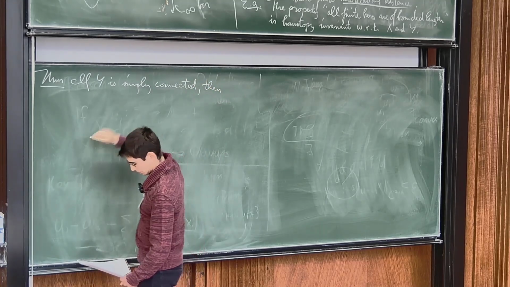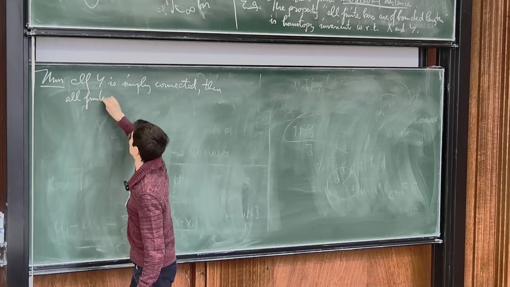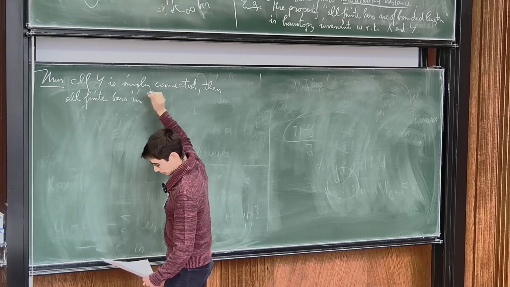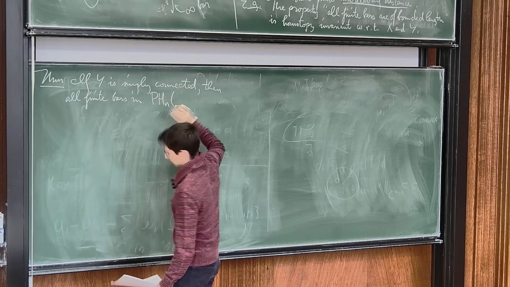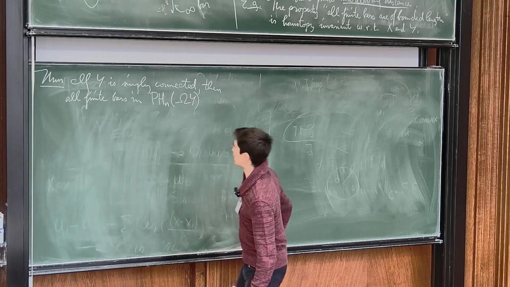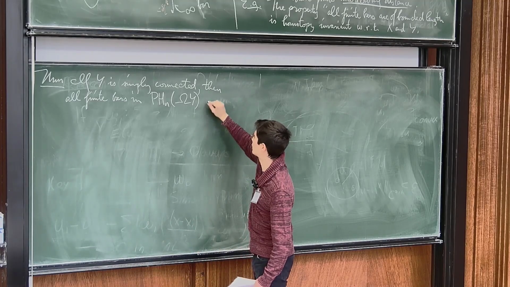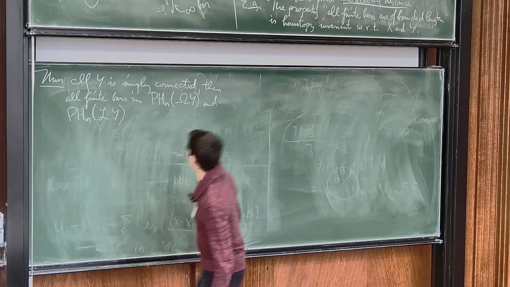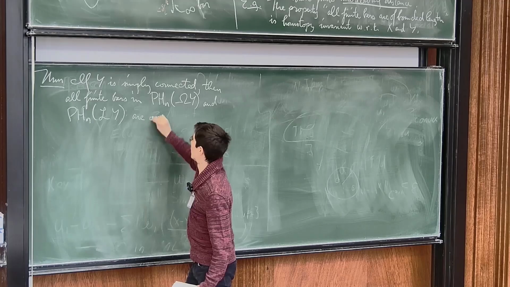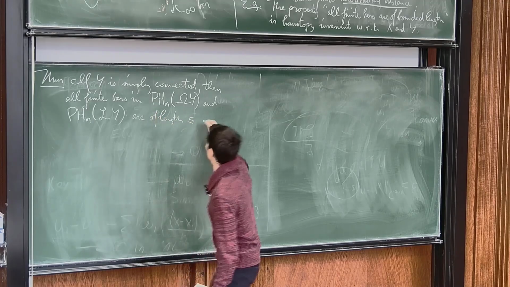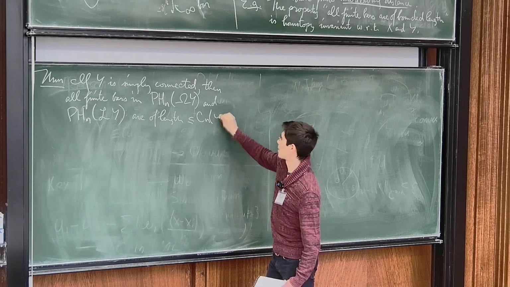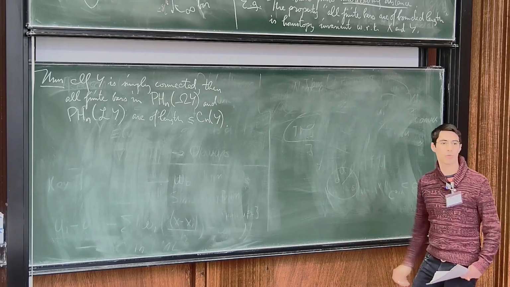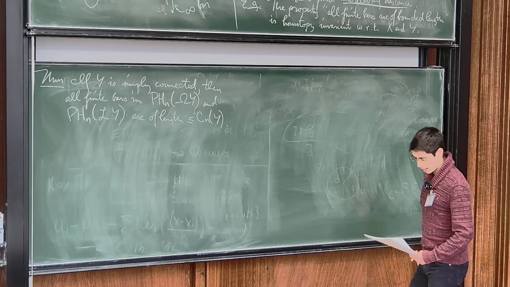then all finite bars in the persistent homology of the loop space, or you can take the free loop space, so unbased loops, are of length at most, well, the constant actually depends on n, so I guess it's not quite the best you can hope for, but it's pretty close.